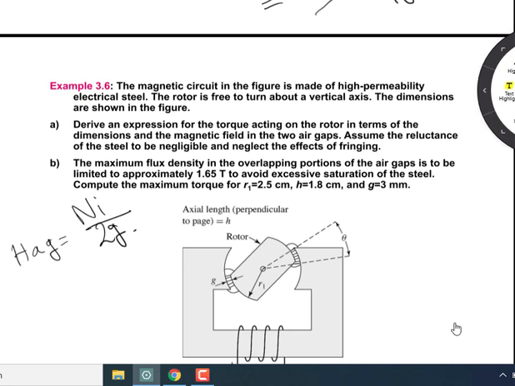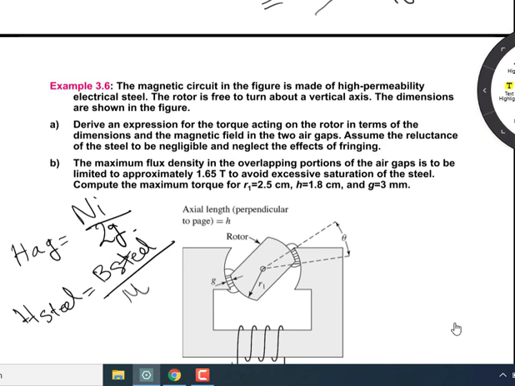So if you want the flux density inside this steel to remain finite, then what we can say is that the steel's B is equal to mu H. Actually this mu comprises mu 0 and mu r, both of them.